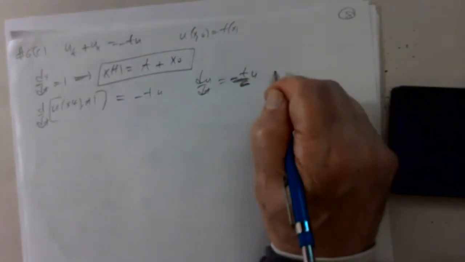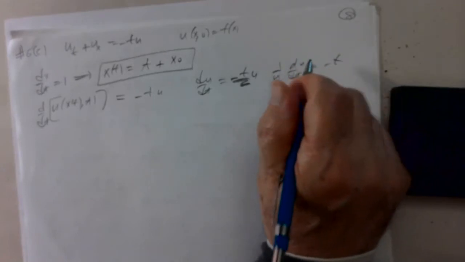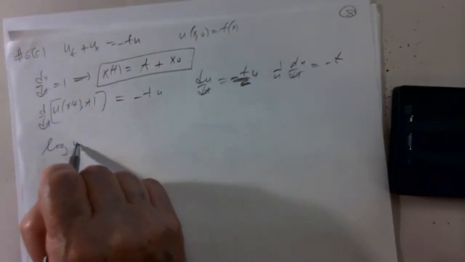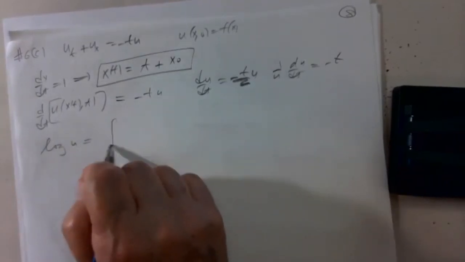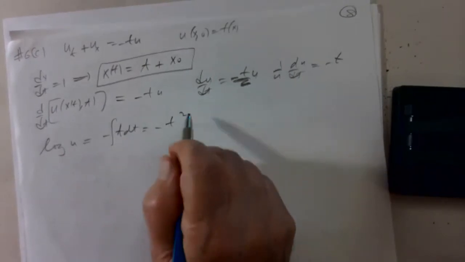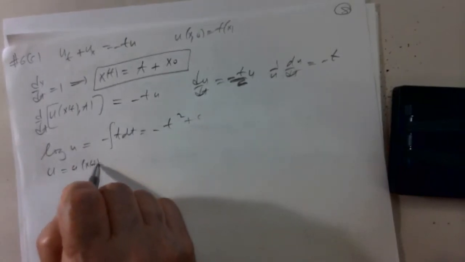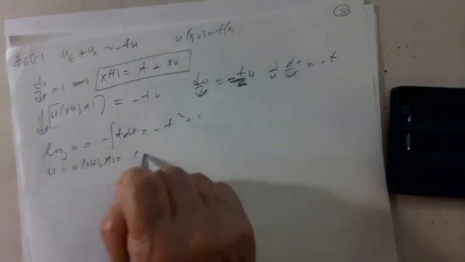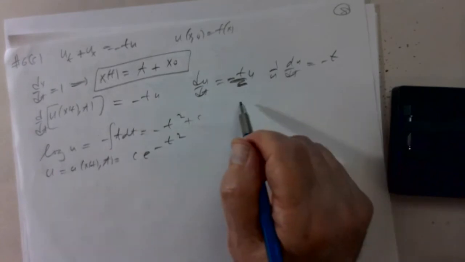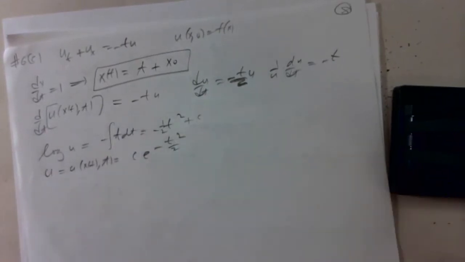This is separable. 1 over u du dt is minus t. So when we integrate, we get that the log of u is the integral of minus t dt, which is minus t squared over 2 plus a constant. So u, which is u of x of t comma t, is some constant times e to the minus a half t squared.